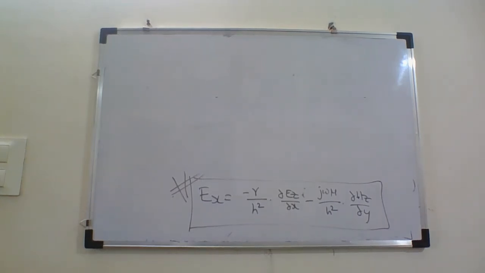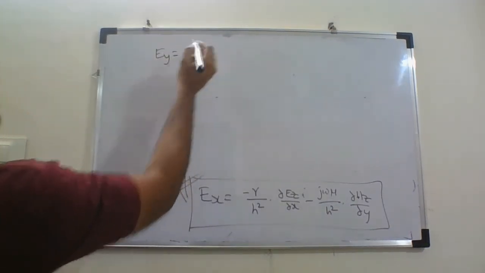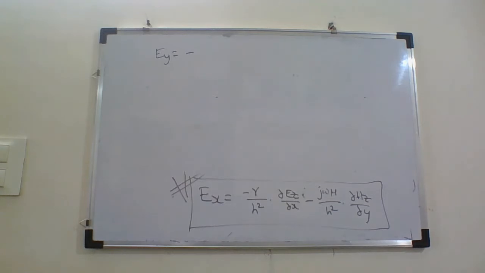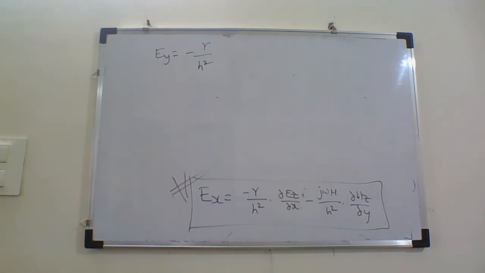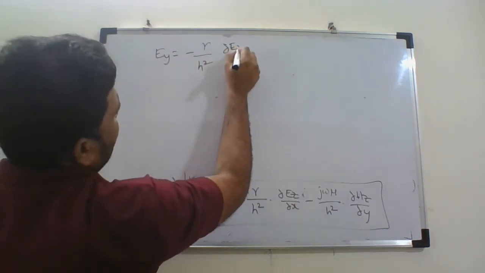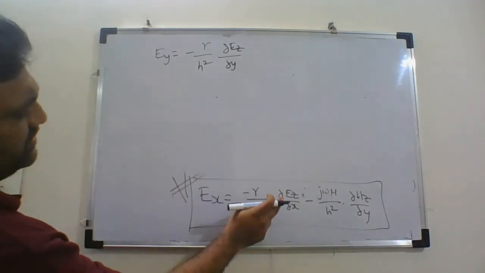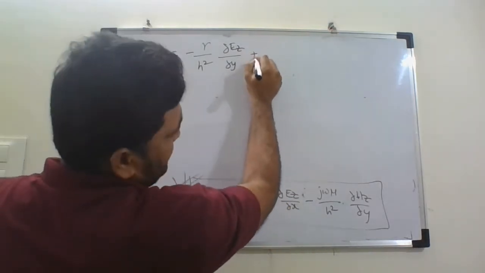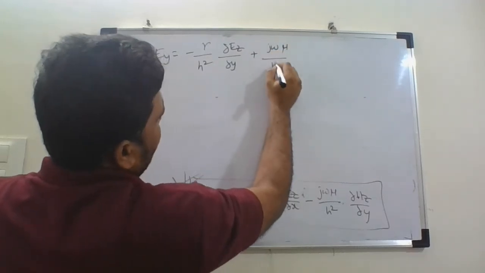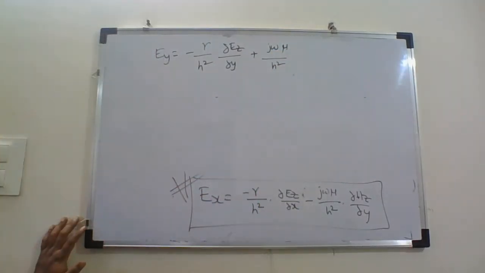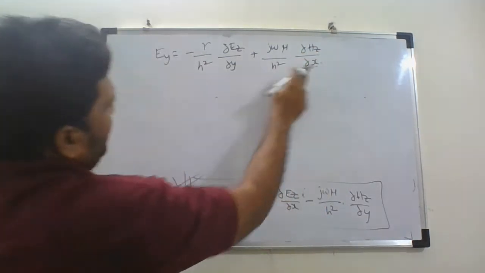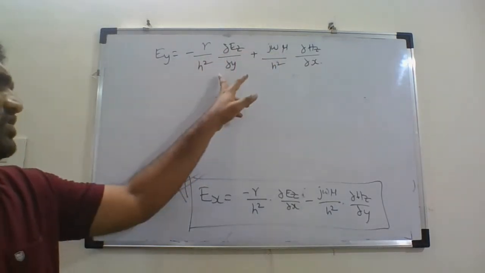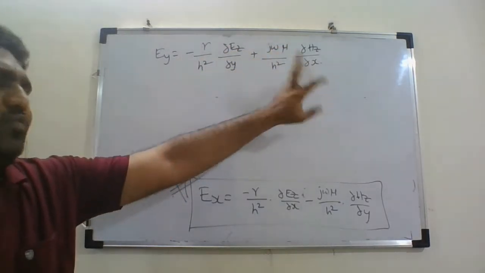First for Ey, this will be equal to minus gamma by h square into dou Ez by dou y, plus j omega mu by h square into dou Hz by dou x. So the derivatives get reversed: here I get dou by dou y, here I get dou by dou x.